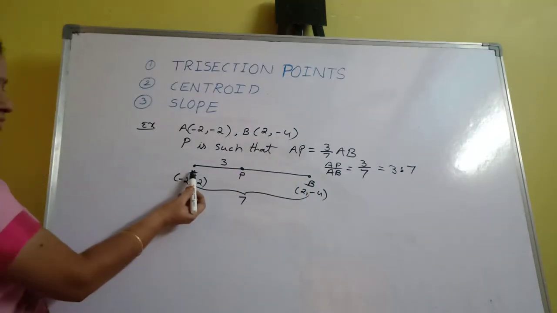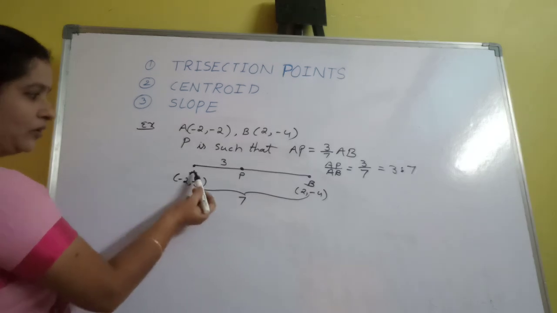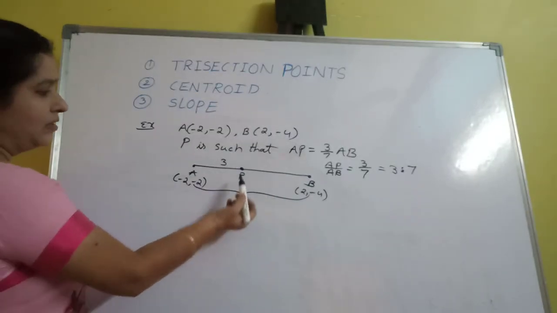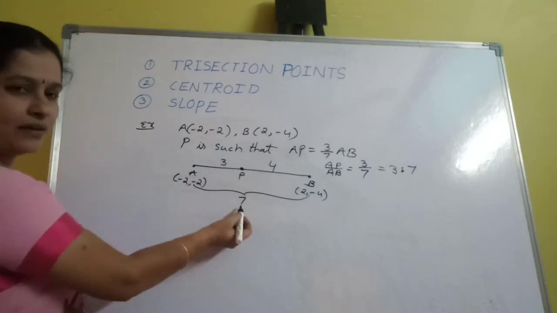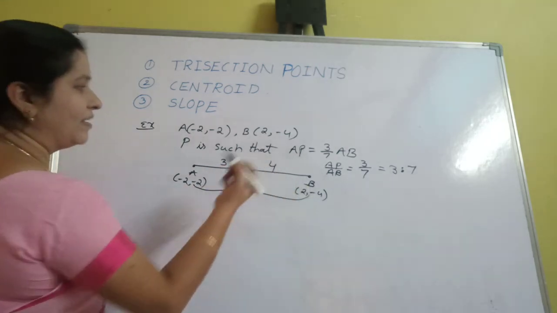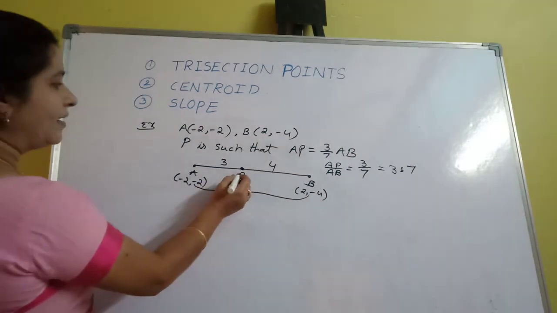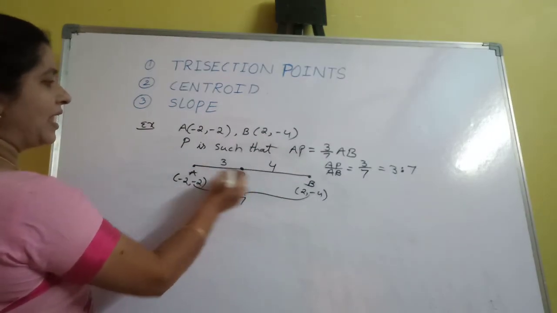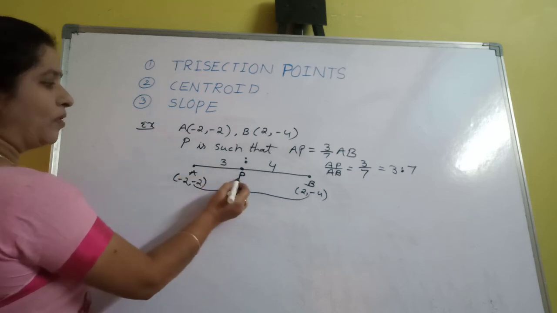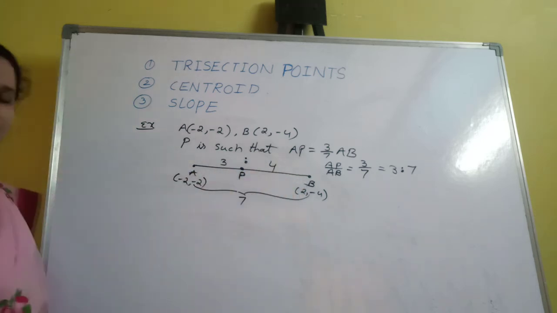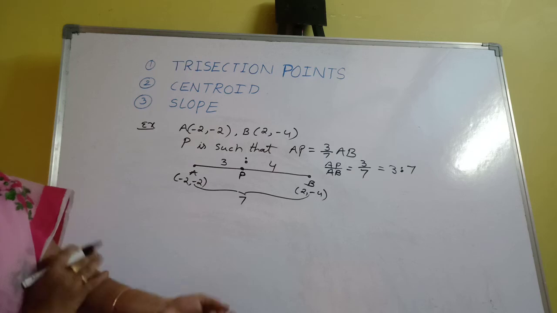If AP is 3 parts, the total length is 7 parts, so PB is 7 minus 3, that is 4 parts. So here P divides the line segment AB in the ratio 3:4.